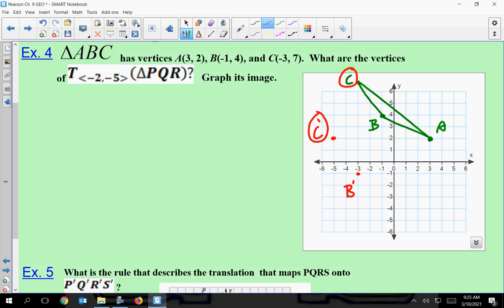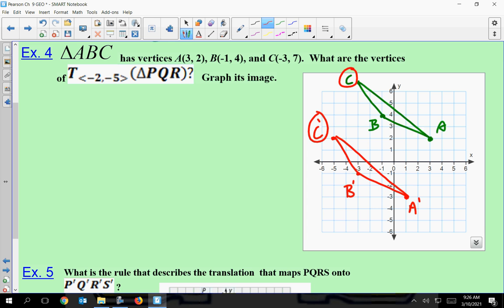So I believe that gets me to about here. And then I can draw my triangle. Okay. So I've translated it. Like I kind of said earlier, I think of giving it a shove. So I took the green triangle and I shoved it left and down from my translation rule.